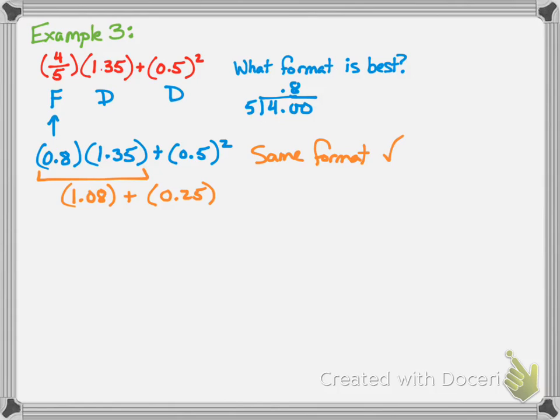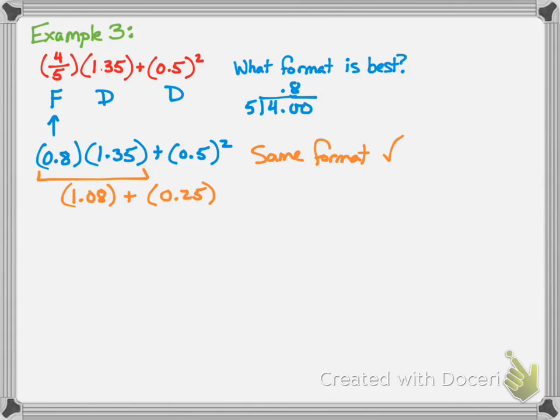If you decide to use decimals and you need to write an answer as a fraction, then you have to change it back. But usually it won't ask you which format you need to use. It'll just let you choose whatever one's best. So you need to use your brain and figure out which is the least amount of work, and which is the most accurate answer.